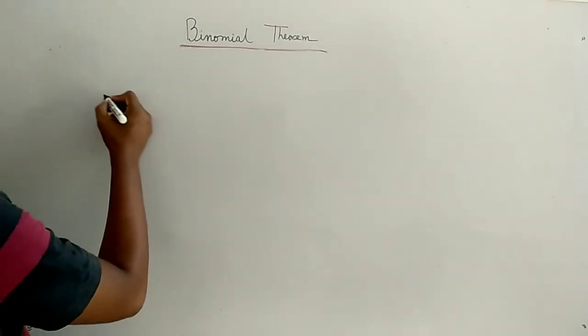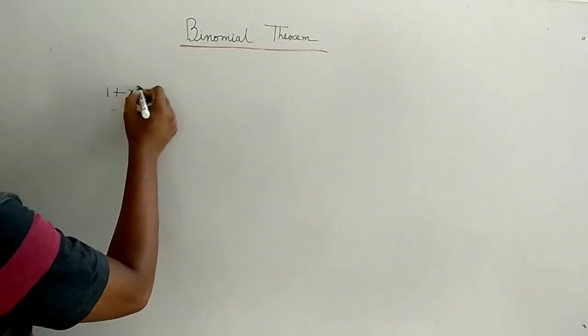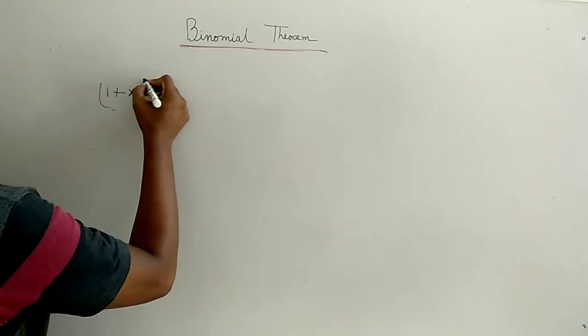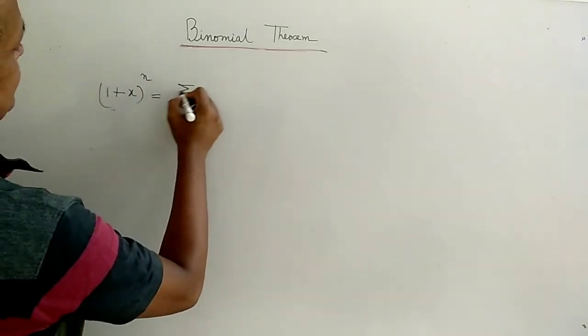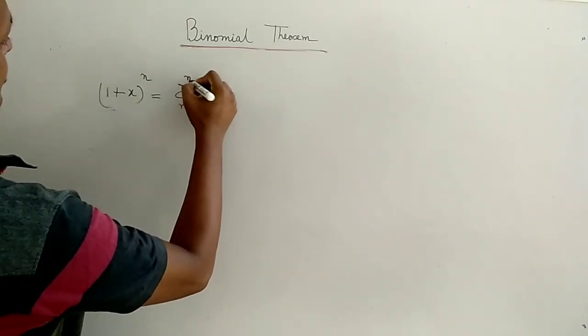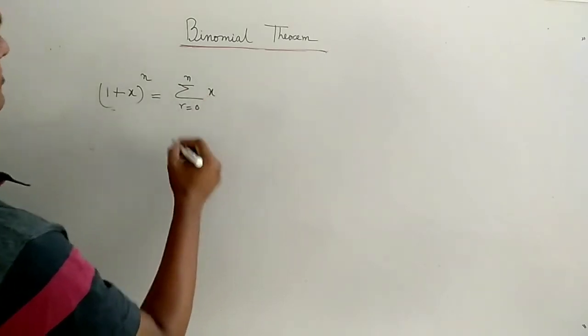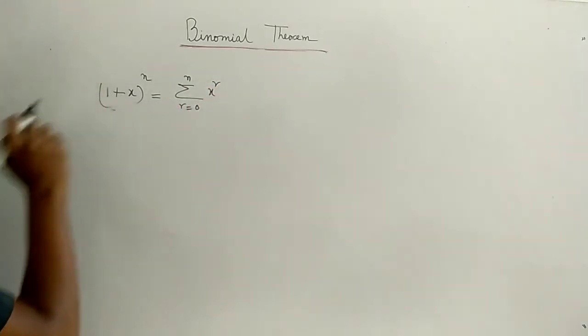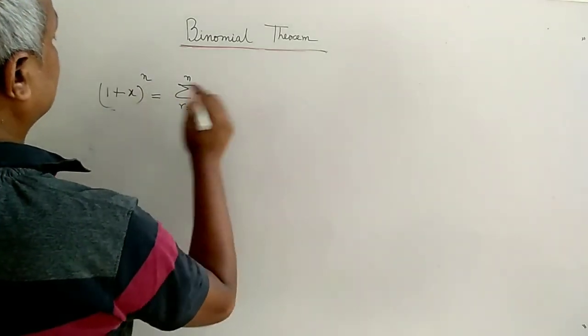Okay, now here I take another example where I'll be expanding something of the kind (1 plus x) to the power n. Then you see directly that I write this in summation form, r is 0 to n, and then this will be just x to the power r, because this value is always going to be the same, but we need the coefficient also.